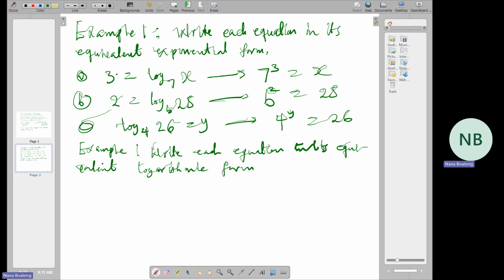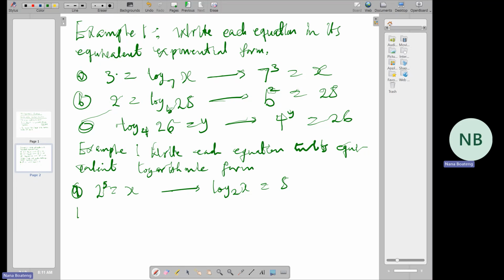Okay, so the first one is a raised to power 5 is equal to x. So in logarithmic form, we have log to the base a of x is equal to 5.